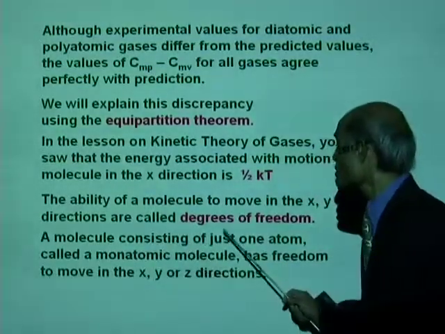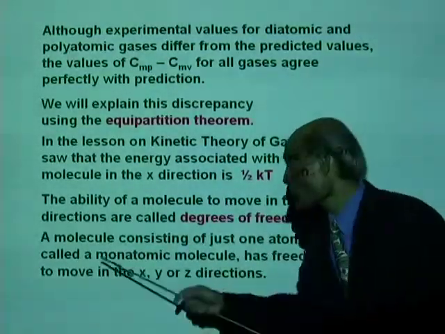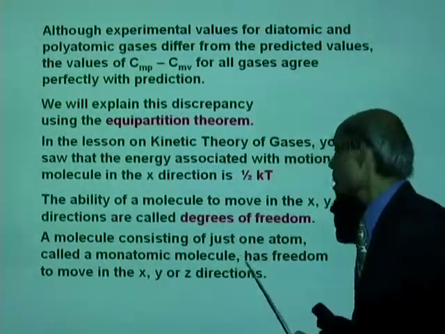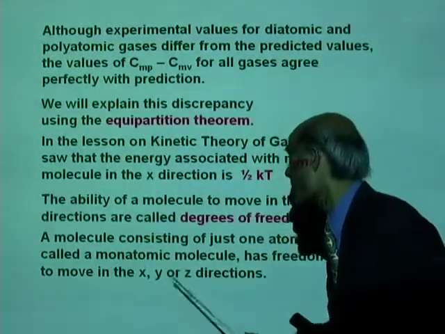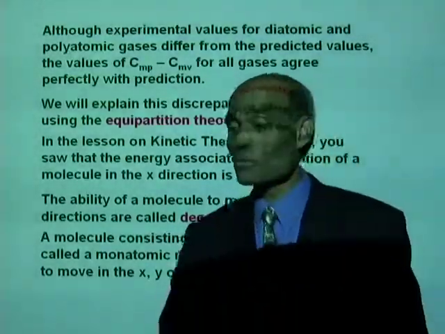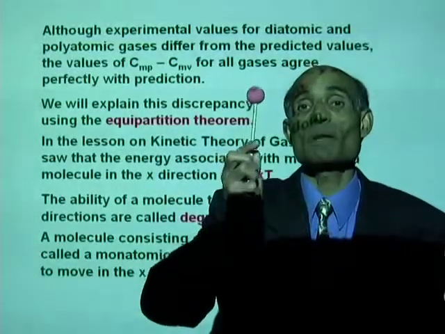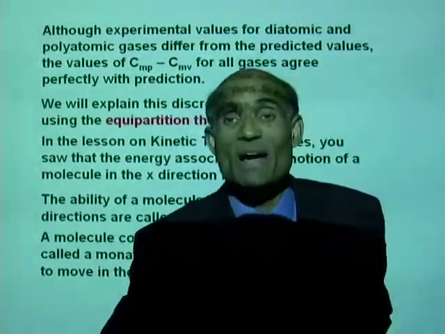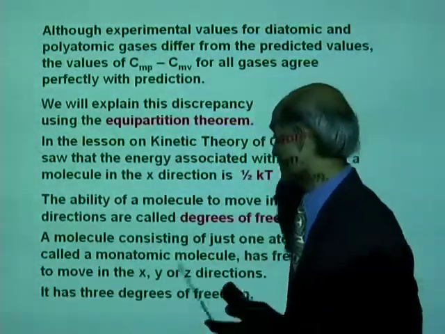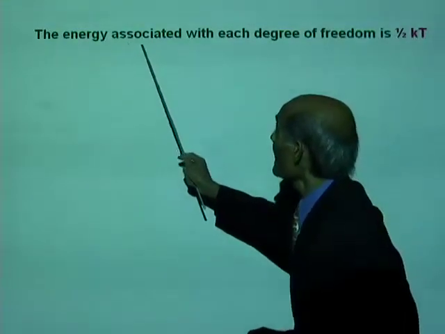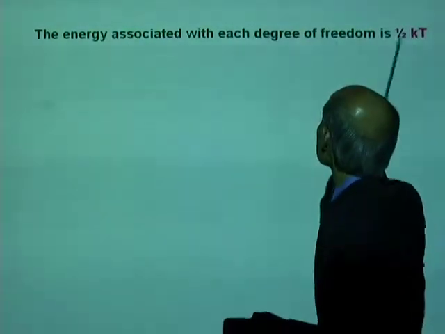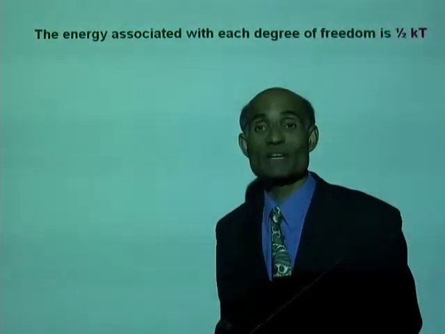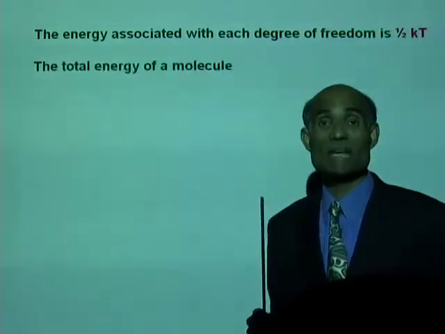A molecule consisting of just one atom, called a monatomic molecule, has the freedom to move in the X, Y, or Z directions. In other words, a monatomic molecule has 3 degrees of freedom: X, Y, and Z. All right. The energy associated with each degree of freedom we obtained again in the class on kinetic theory as 1/2 kT.